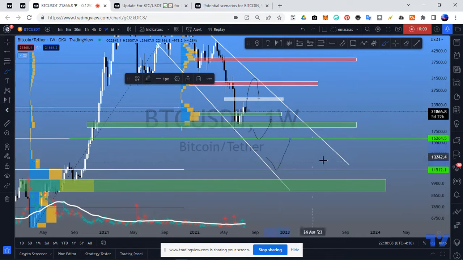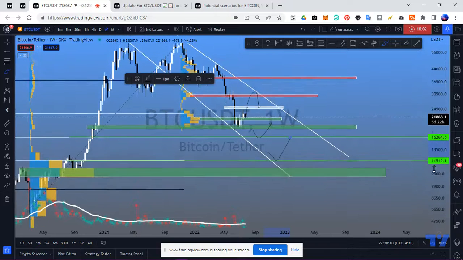But in the worst case scenario, as I told you guys, Bitcoin can even have a shadow into this important volume support profile, this volume gap, and then start a new rally from here.